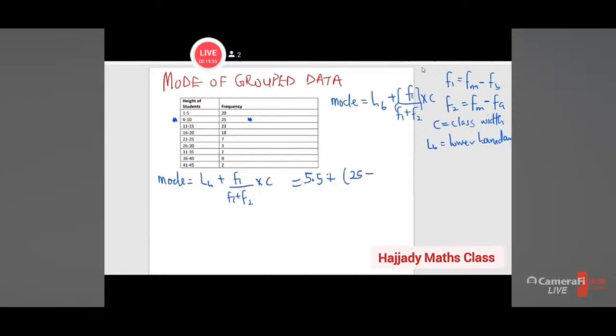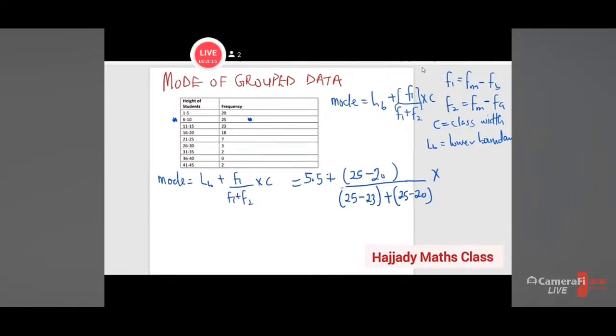Minus the frequency before it, which is 20. That is my F1. Everything over F1 plus F2, where F2 is the frequency of the modal class minus the frequency after it. The frequency of the modal class is 25, and the frequency after it is 23. That is my F2. My F1, I'm going to repeat this, is 25 minus 20.